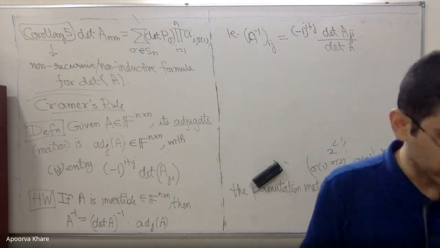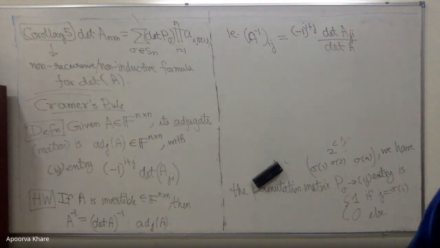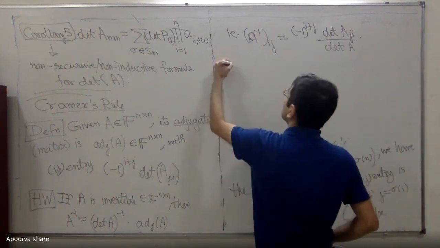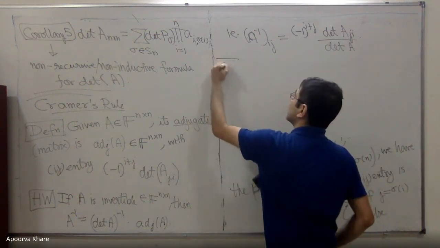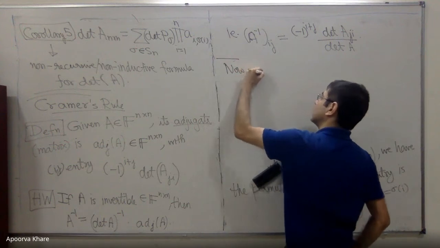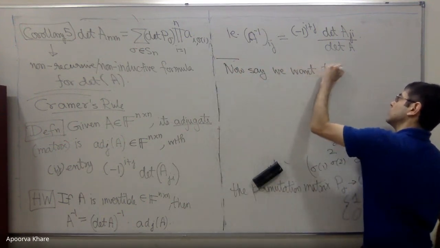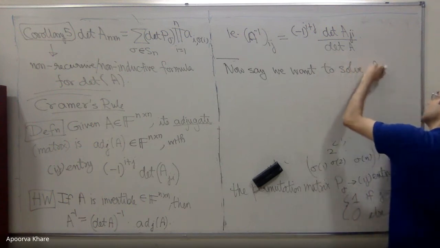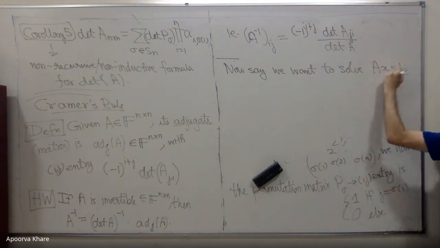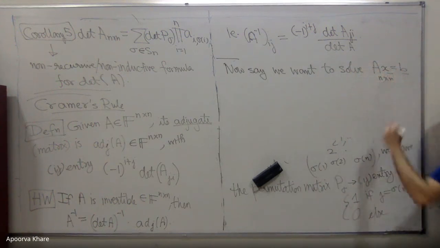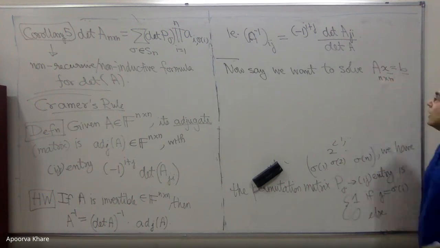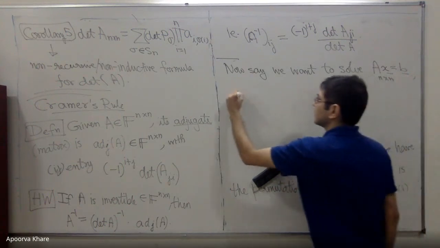So now we get to Cramer's rule. Suppose we want to solve Ax equals B. Again, A is n cross n, and I know that A is invertible.